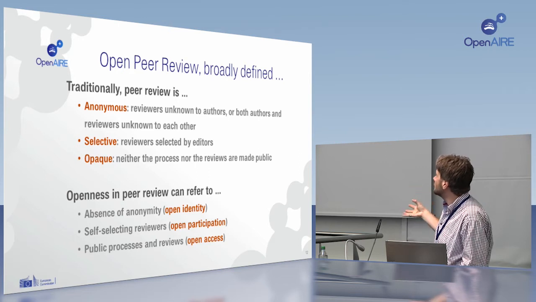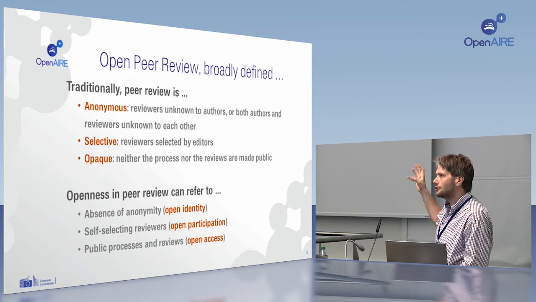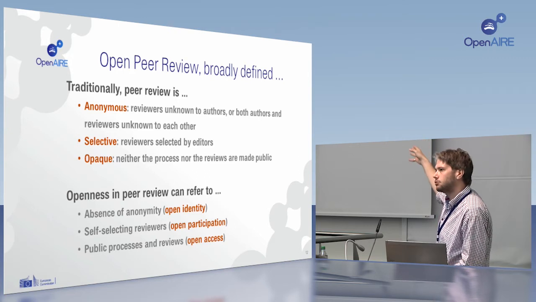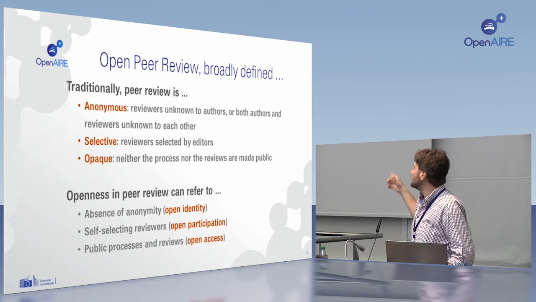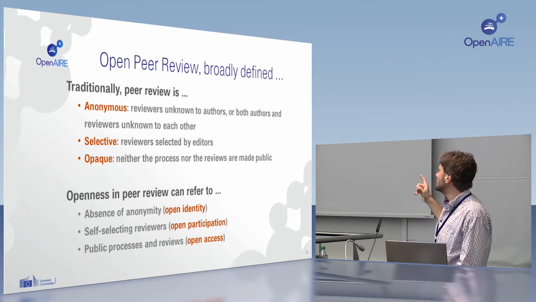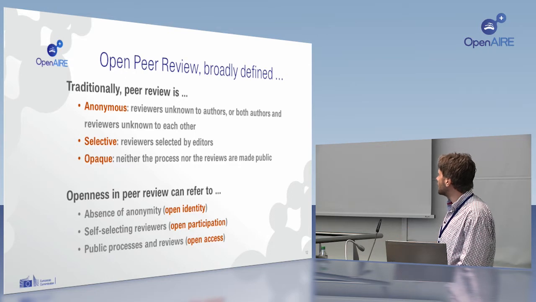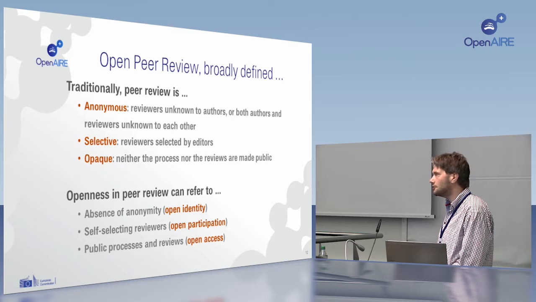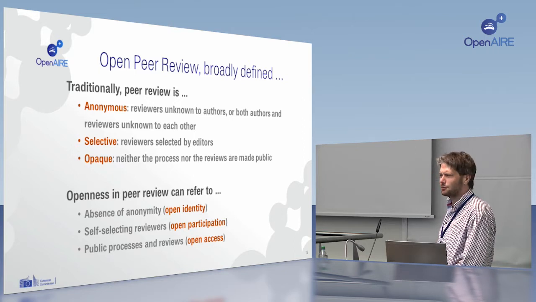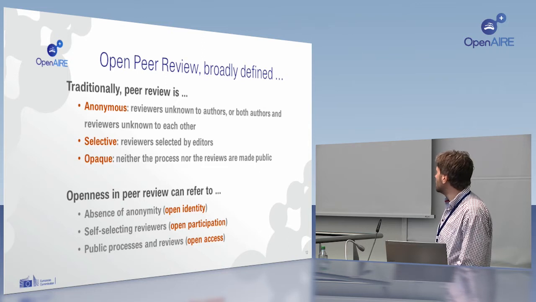So my conception of open peer review is any type of new peer review that changes one of these factors in order to tackle one of the perceived problems of peer review. So openness in peer review for me means either absence of anonymity, so open identity, or self-selecting reviewers, meaning open participation, perhaps here also open commentary comes into play, or public processes and public reviews. And this would be open access peer review, I suppose.